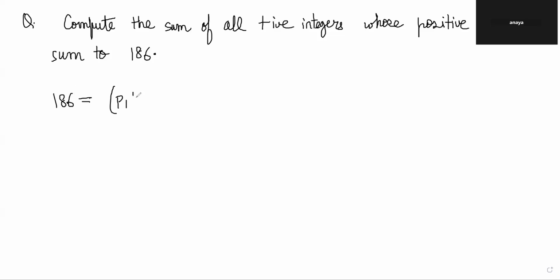So I got that 186 is 2 times 3 times 31, because that's the prime factorization. So then you get all the factors from it.